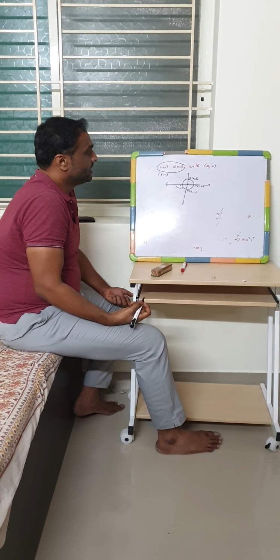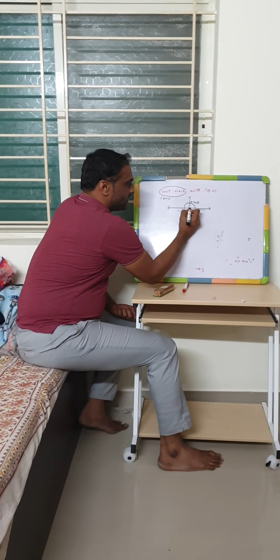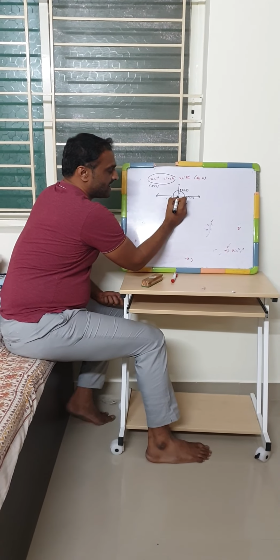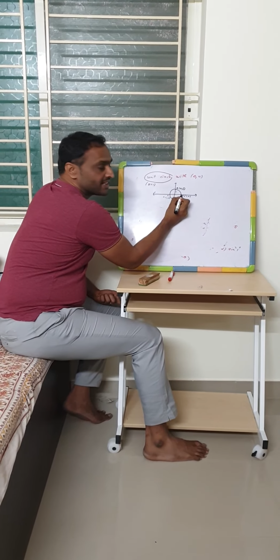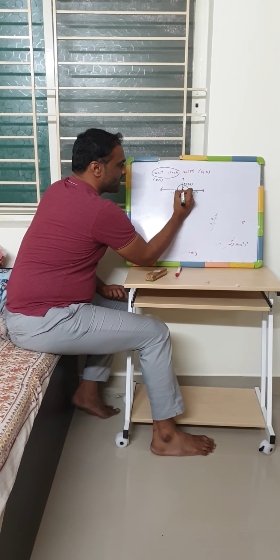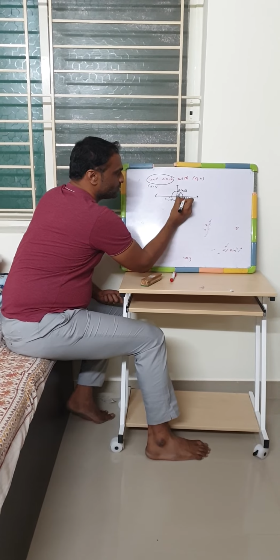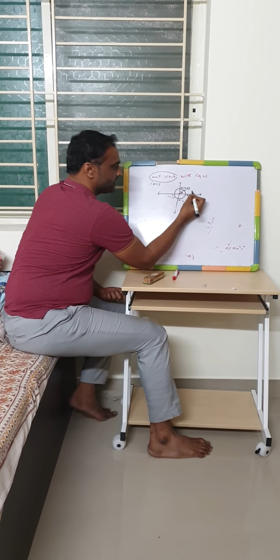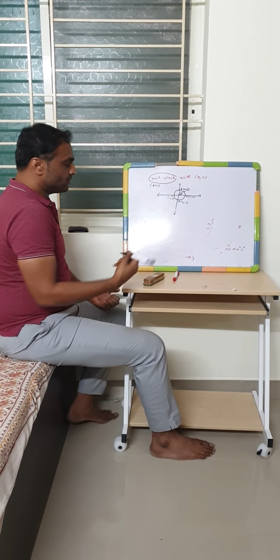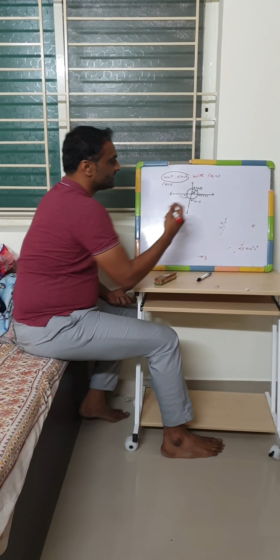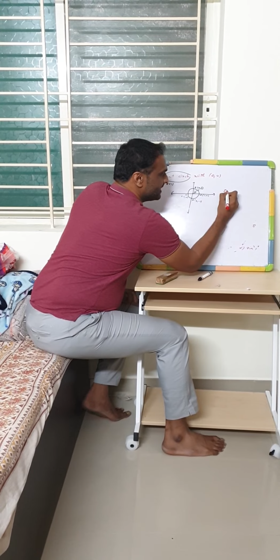Now, if I rotate the ray O, I am fixing O, but I am rotating the tip A through an angle theta, right? So now A became P. Now sin theta is defined, right?